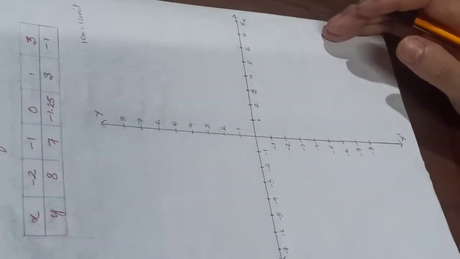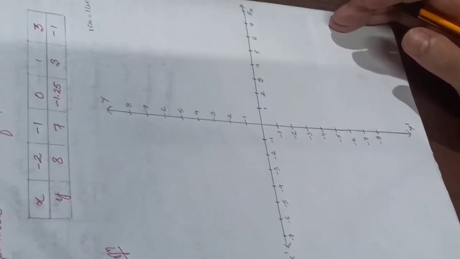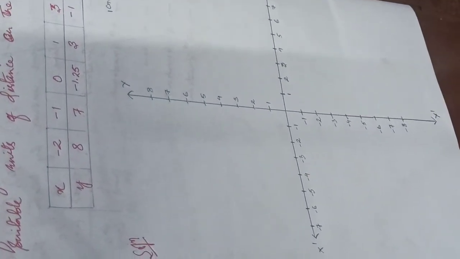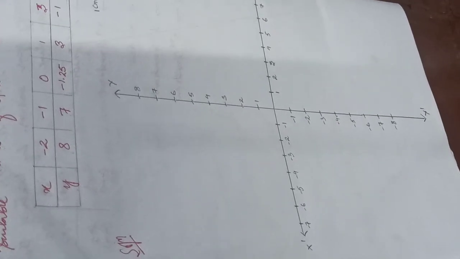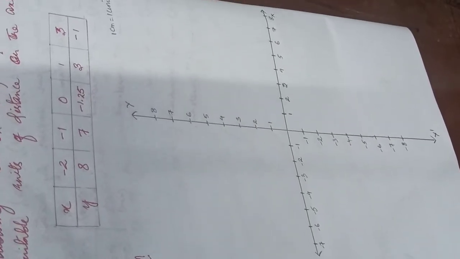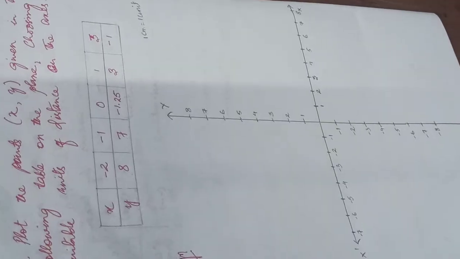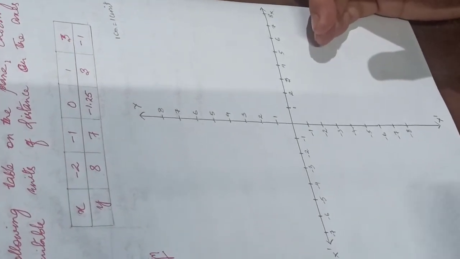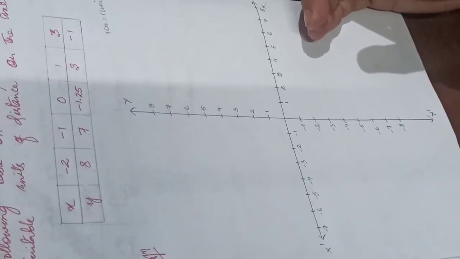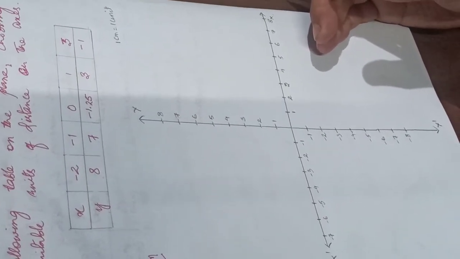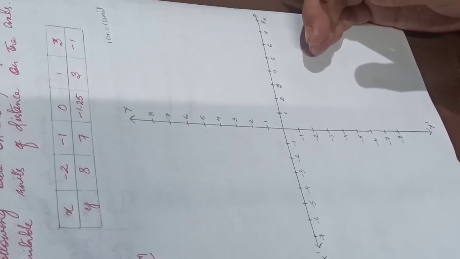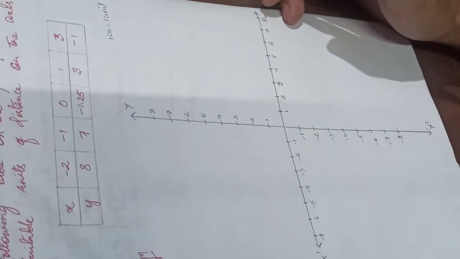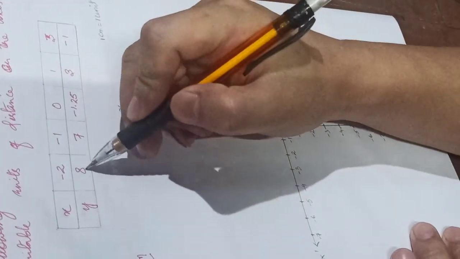Alright, so a good number of teachers would encourage you to do it on graph paper, but for this particular chapter, I don't recommend that. Rather, I would want you to draw a Cartesian plane like what I'm doing here, and learn how to draw a Cartesian plane, at the same time plot the points.